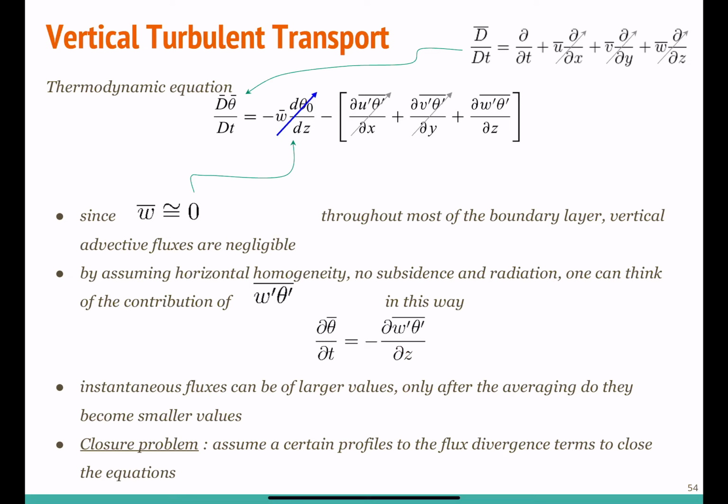Here we have made some closure assumptions by assuming certain profiles for the flux divergence terms. If we make some assumptions for this flux divergence term, we can solve the set of equations.